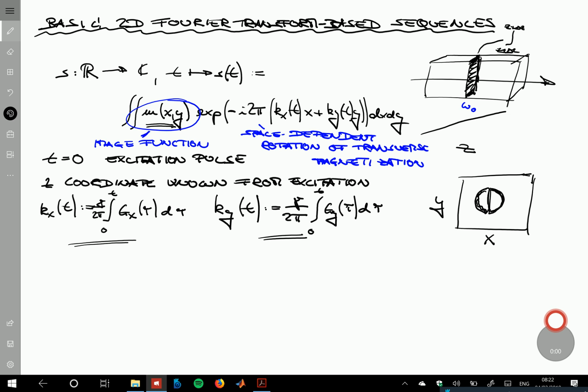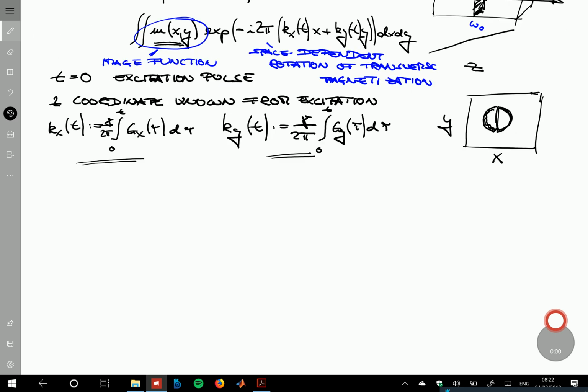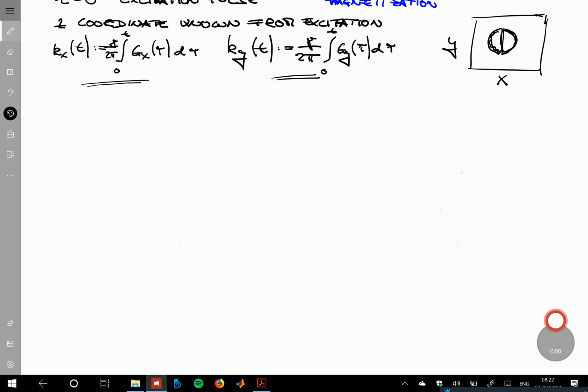Let's start as follows. We look first at the gradient waveforms. What we assume is the following. We have some time point 0 and some time point corresponding to 2000 milliseconds.